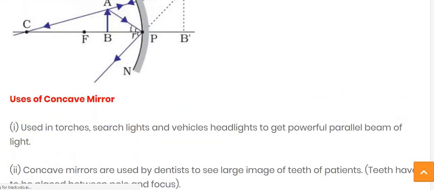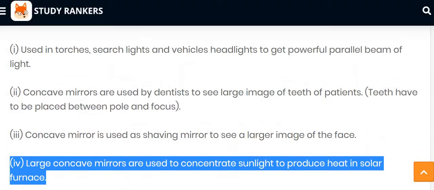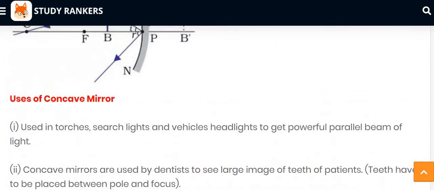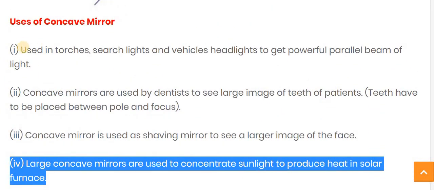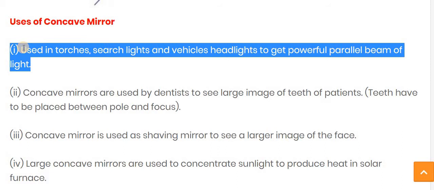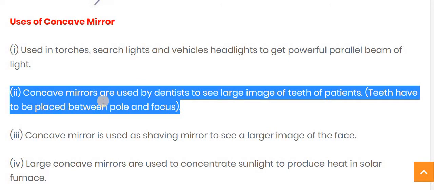Let's revise one more time the uses of a concave mirror. The first use is in a torch, searchlight, and vehicle's headlight to get a powerful parallel beam of light. The second is that concave mirrors are used by the dentist to see a larger image of the teeth of the patient.